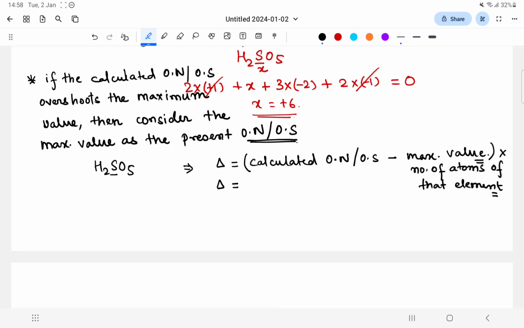Keep in mind that delta will be the calculated oxidation state minus maximum value, into the number of atoms of that element, and here our element of interest is sulfur.